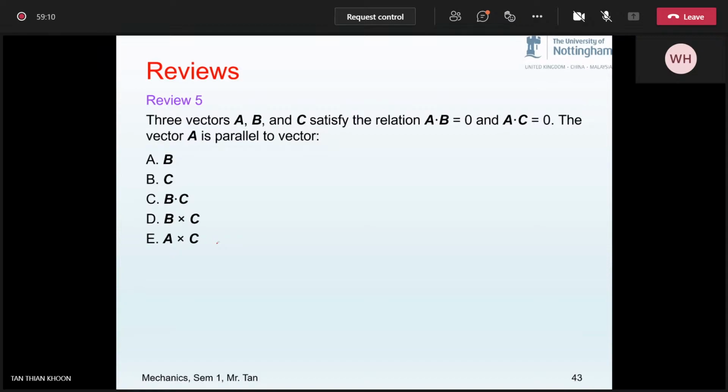It says there are 3 vectors A, B, and C, and they satisfy A dot B equals 0 and A dot C equals 0. Then it asks, vector A is parallel to which vector?